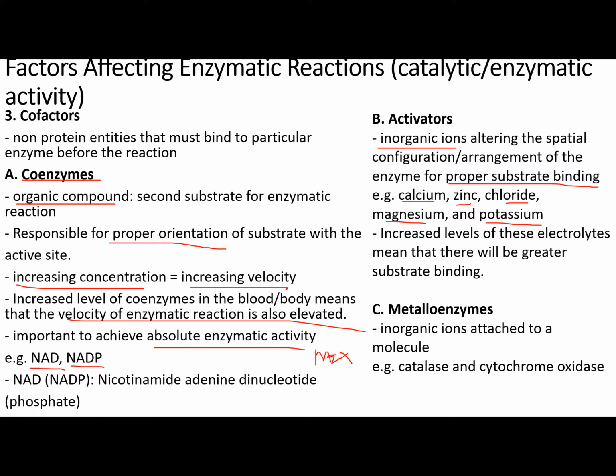Increased levels of these electrolytes means there will be greater substrate binding. Then we have your metalloenzymes class. So this is another type of cofactor. These are inorganic ions attached to a molecule. Examples of metalloenzymes are your catalase and your cytochrome oxidase.